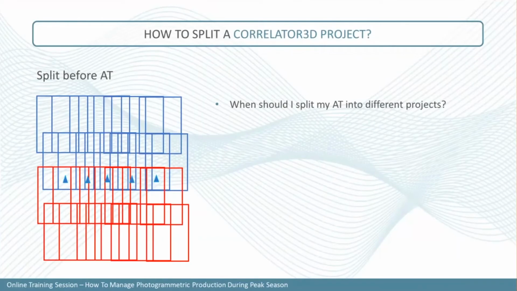So if you want to split before the AT, you've got to make sure that you have a good overlap, and maybe you can use some common ground control points between those two blocks.